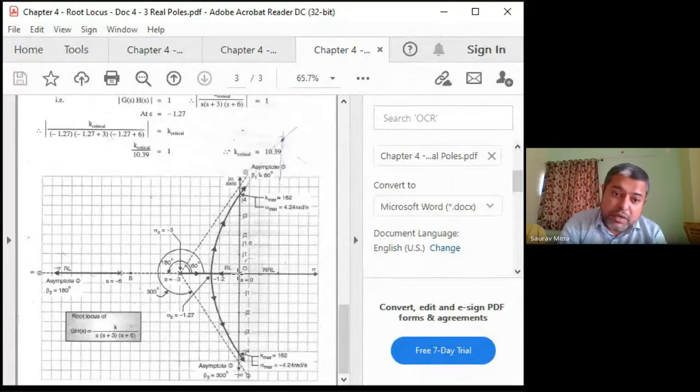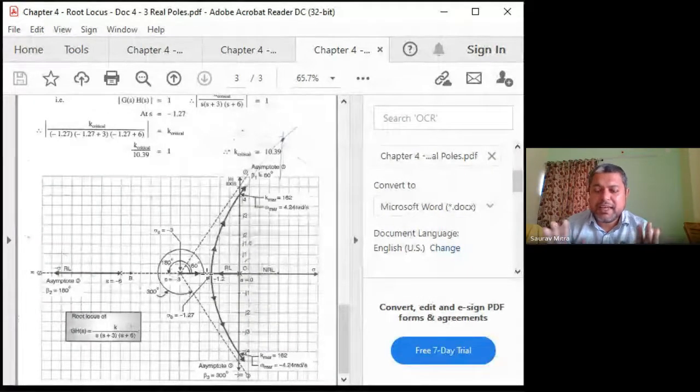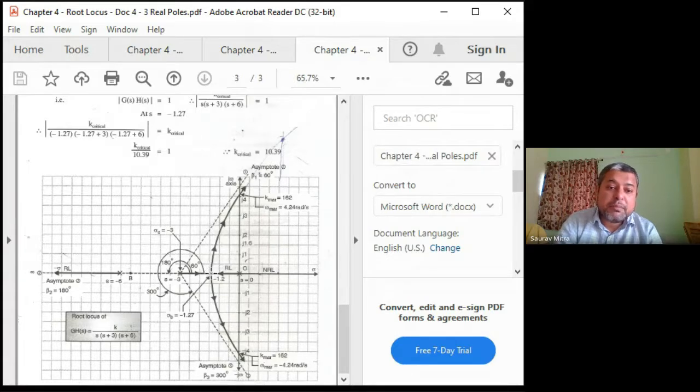That means this point will come from here to here, and this point will come from minus 3 to minus 1.27. So between 0 to k equal to 10, I'm just taking a value, the root locus is lying on the real axis. If you increase the value of k further, these two root locus will jump and go in the imaginary direction. Okay, so this is a very important thing. So from 0 to k equal to 10, or k at the breakaway point, the root locus is on the real axis.